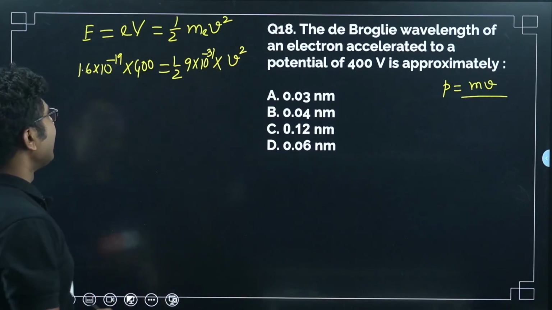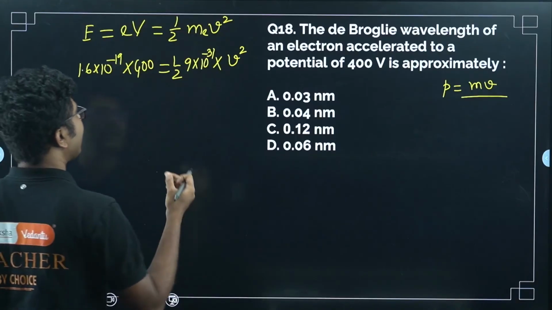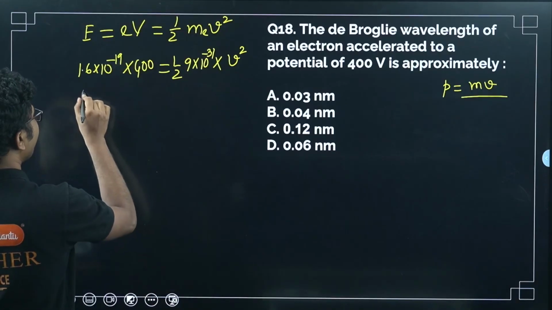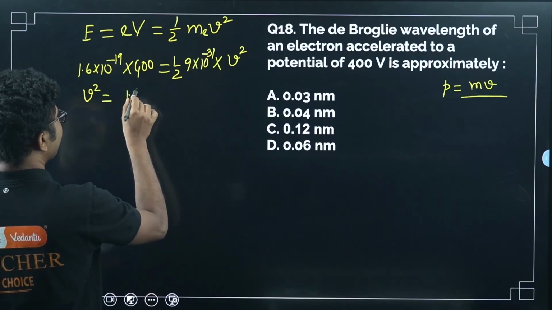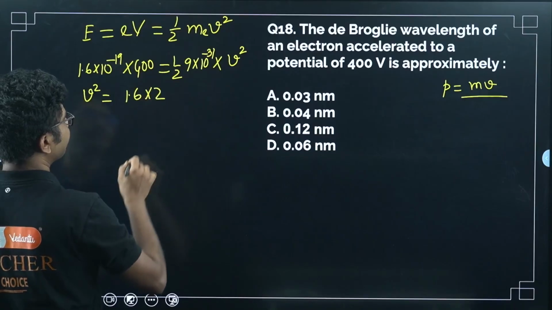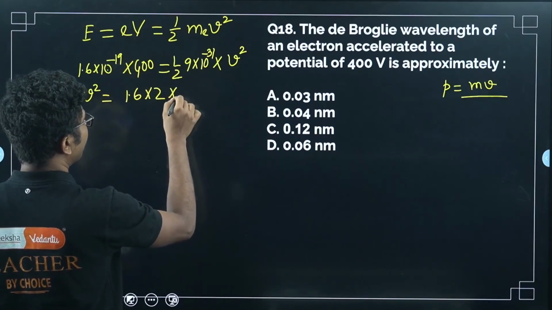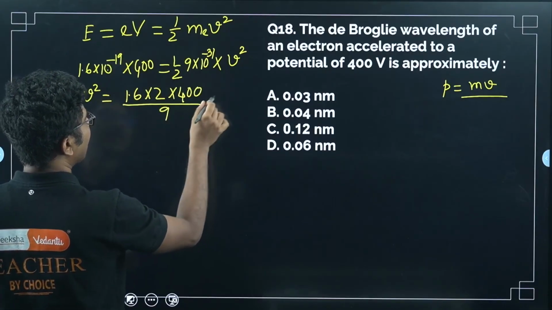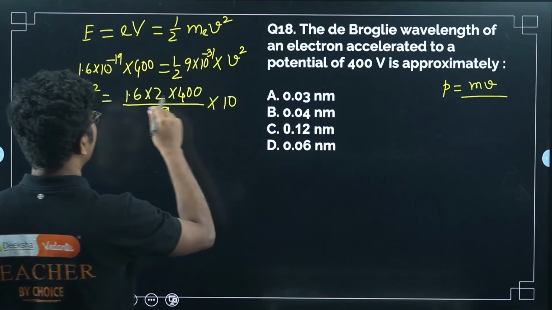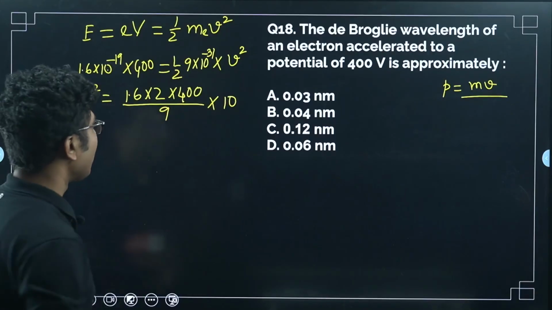As long as your answer is correct, it does not matter. So now let us simplify this. So v square equals 1.6 times 2, this 2 comes here, that's why 2, times 400 divided by 9 times 10 to the power of minus 19 plus 31, so plus 12.